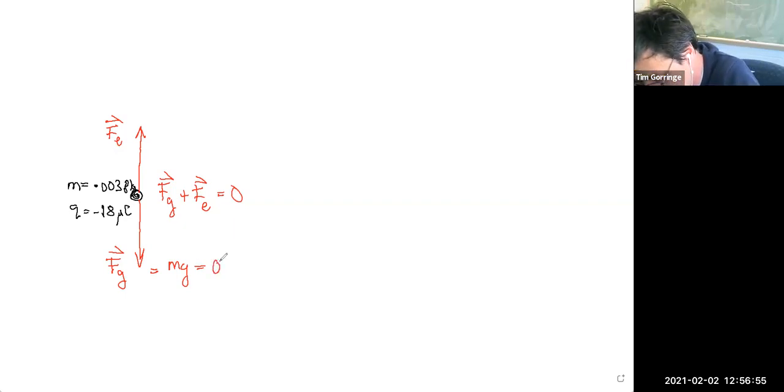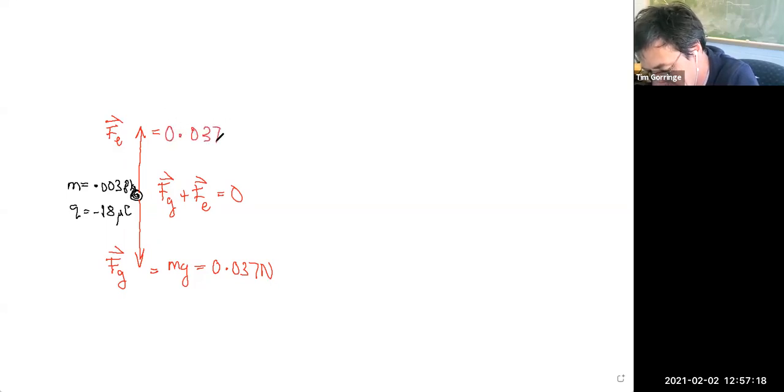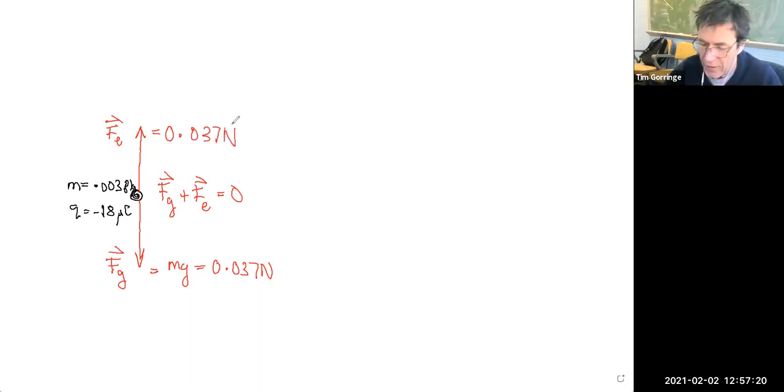That comes out to be, I worked it out ahead of time, 0.037 newtons. And that means that the electrical force must also be 0.037 newtons if these two forces are equal and opposite.